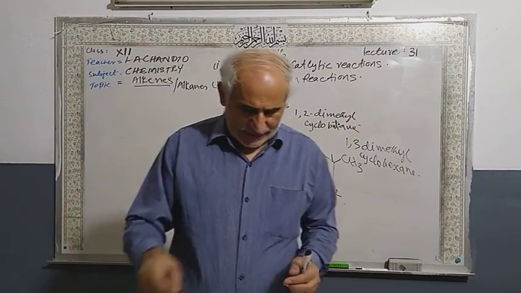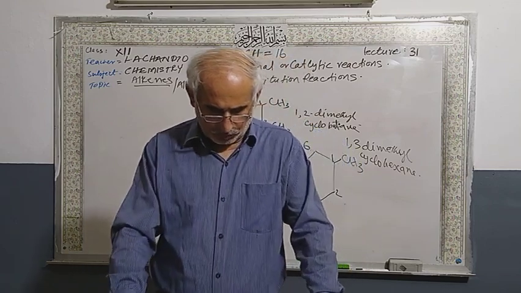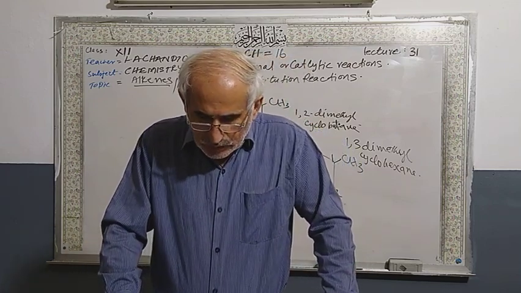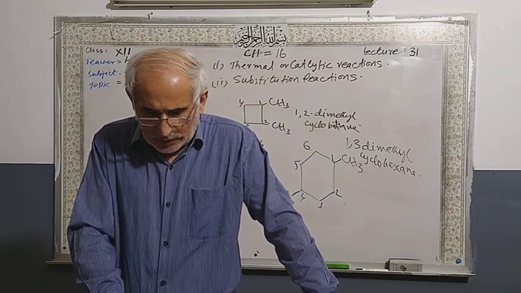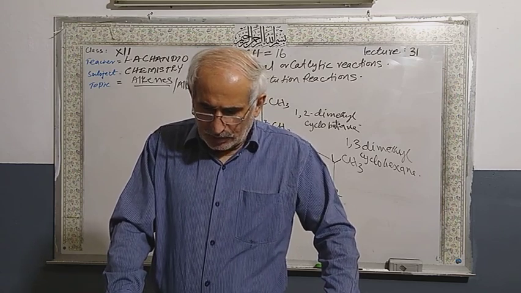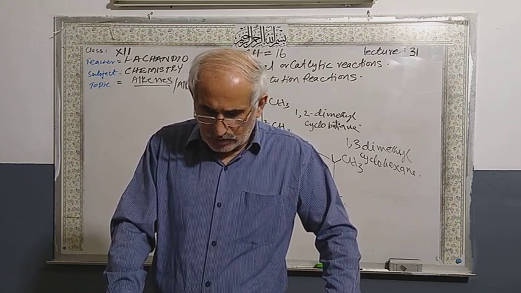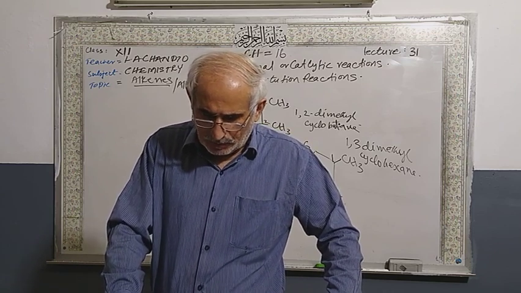So these are the cyclic compounds, maybe saturated, maybe unsaturated. Physical properties are like alkanes, low polarity of the cycloalkanes also. Intermolecular forces between the molecules of cycloalkanes are very weak due to the carbon-carbon bond.